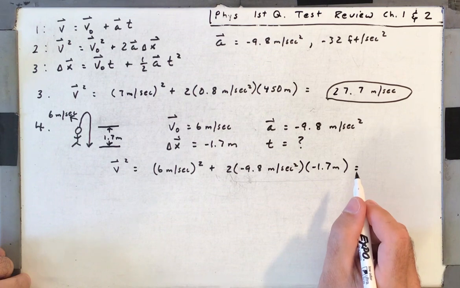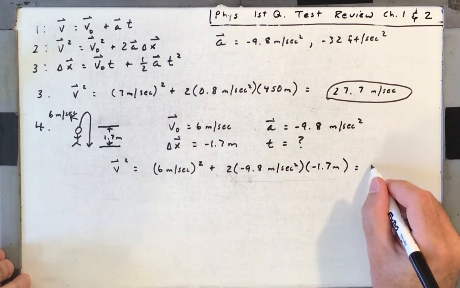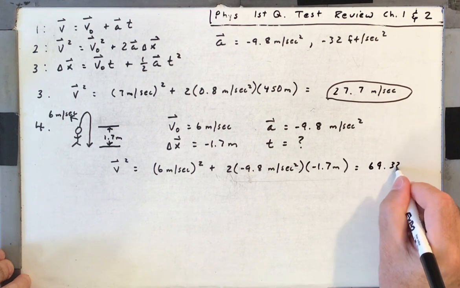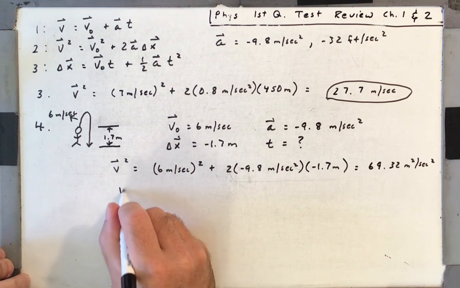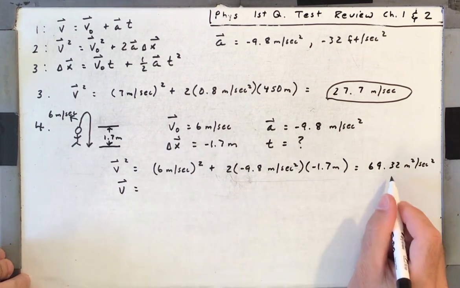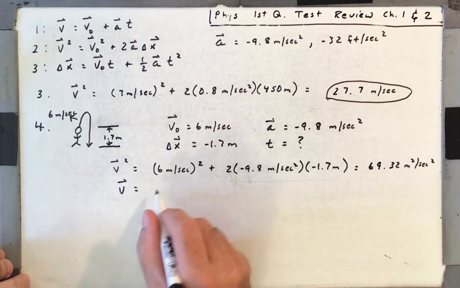So final velocity squared is 69.32 meters squared per second squared. So the final velocity is the square root of that. Okay, the square root of that is 8.33 meters per second.